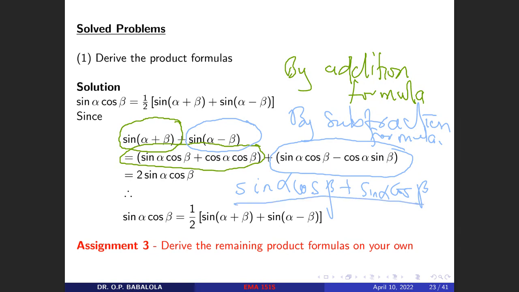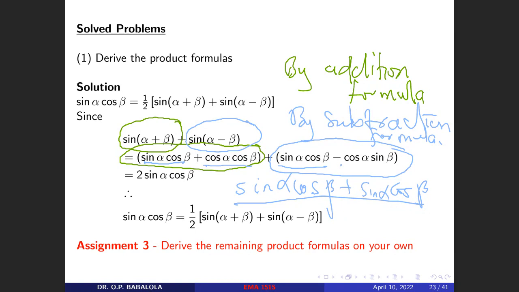That's what we are summing, which is this. Right? And then this plus this, no, you cannot sum it that way.